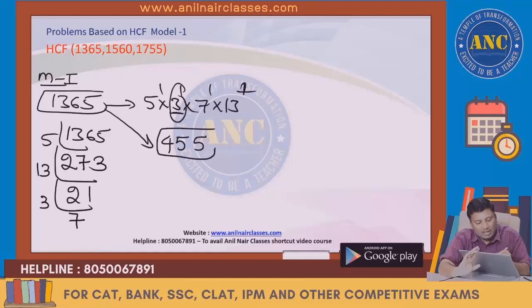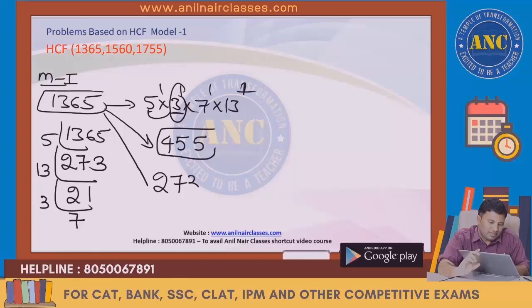If you want the next factor, divide by 5. 1365 by 5 is 273. Does 273 divide 1560? It is not possible.